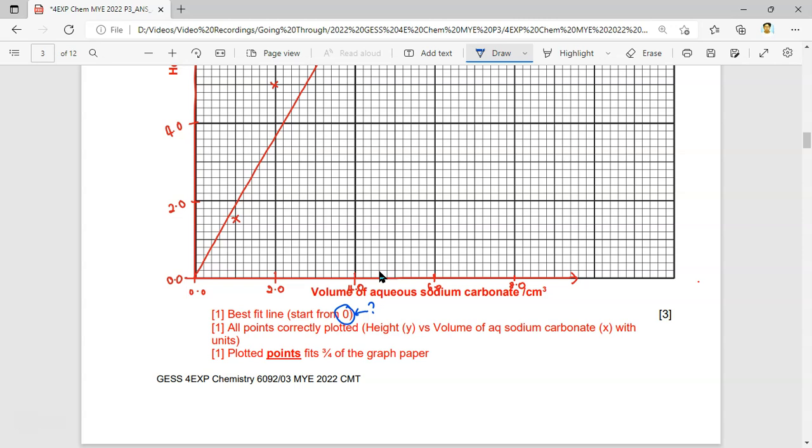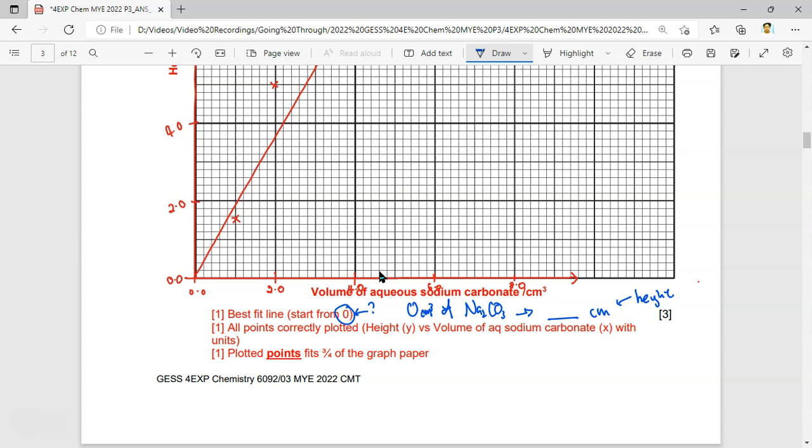If you didn't add any sodium carbonate, if there's 0 cm cube of Na2CO3, what do you think will be the height of the solid? How many cm will be the height? So whether to start from 0 or not really depends on your experiment itself. I think when we compare physics and chem, in physics, sometimes the y-intercept has a separate meaning.